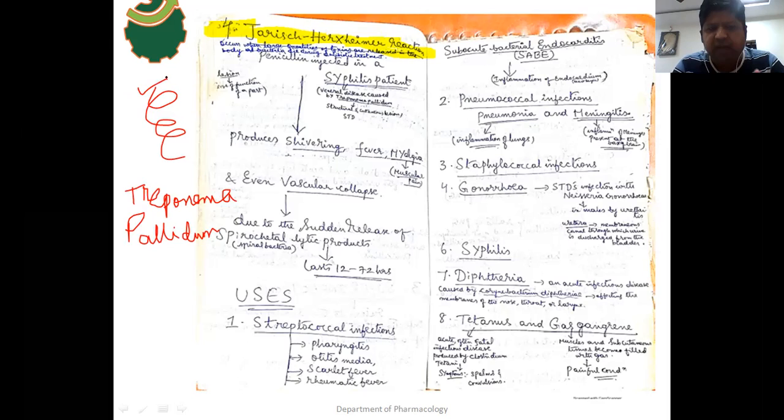But when this bacteria dies, it suddenly releases a large amount of toxin, which is called lytic products.